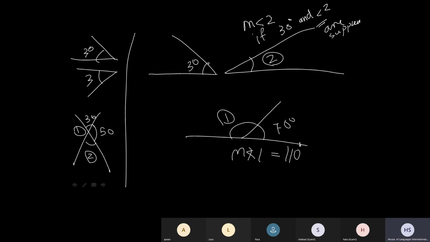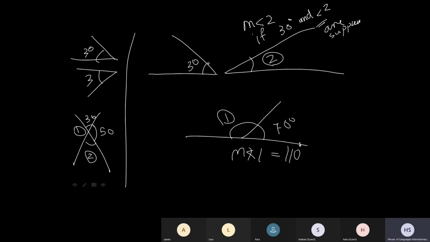Look at the second one now. Here, the first one is 30. Angle 2 is unknown. You have to find the measure of angle 2, if you know that angle 2 and 30 are supplementary angles. So how can you solve it now? I tell you now 30 and the measure of angle 2 are supplementary.